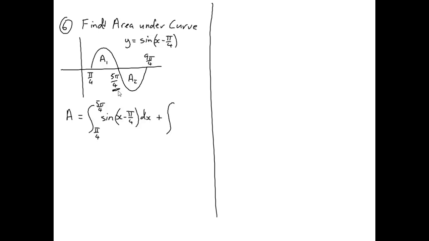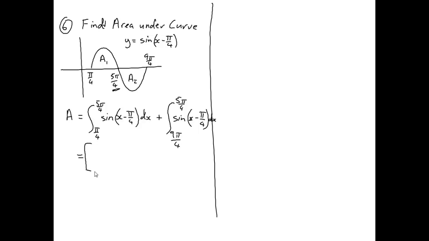So this becomes the upper limit, 5 pi on 4, and this becomes the lower limit, 9 pi on 4, of sine(x minus pi on 4) with respect to x. What do I get?